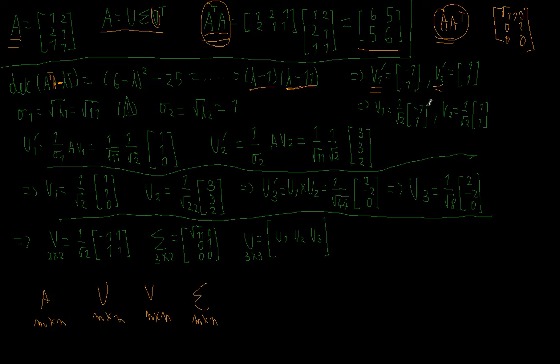Yes. So if we find the eigenvectors of that matrix using those eigenvalues here, we get V sub 1 prime is equal to minus 1, 1, and V sub 2 prime is equal to 1, 1. And now we need to normalize that. So we get that V sub 1 is equal to 1 over square root of 2 times the vector minus 1, 1, and V sub 2 is equal to 1 over square root of 2 times the vector 1, 1.